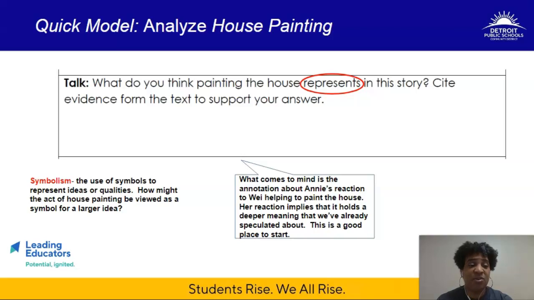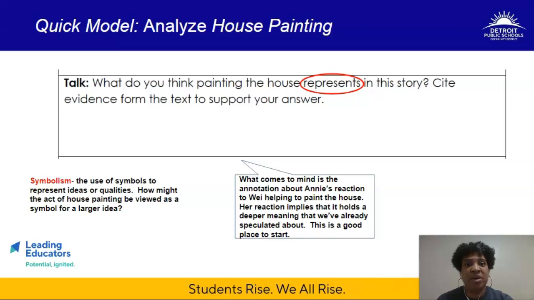So how might the act of house painting be viewed as a symbol for a larger idea? So think about that. What comes to mind to me is the annotation that we made about Annie's reaction, if you recall, to Way painting the house.